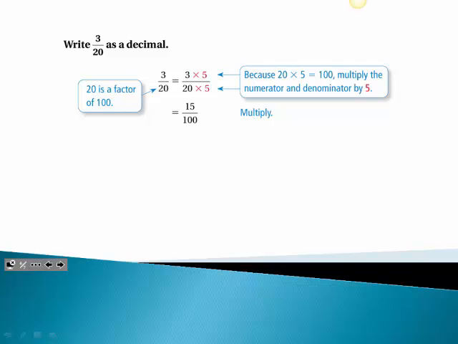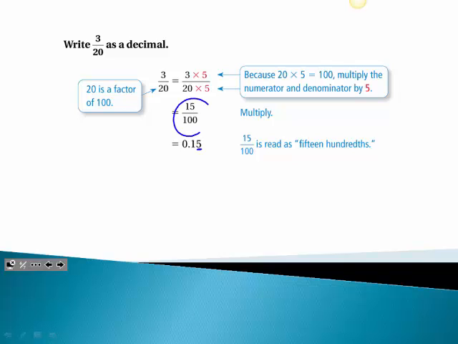That would be read as 15 hundredths. That means my 15 needs to end in the hundredths spot. It's just like what we did in the last video when we went from decimals to fractions. It's just now doing it in reverse. So we get 0.15 because if this 5 ends in the hundredths place, this is 15 hundredths.